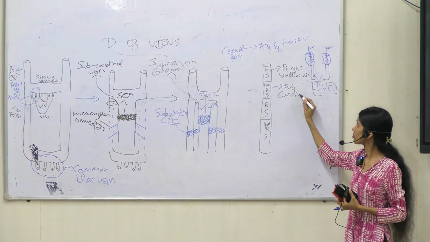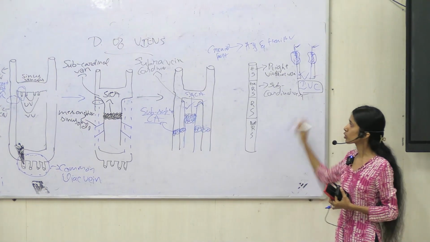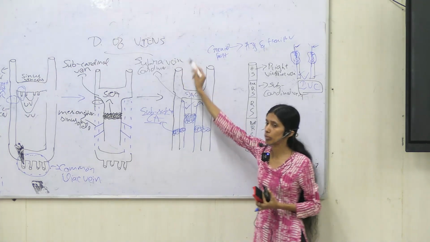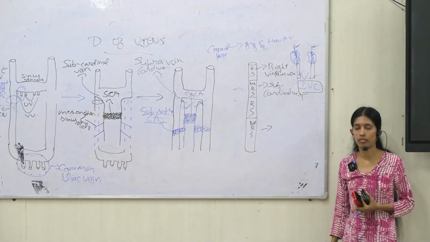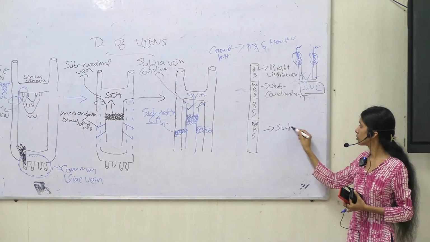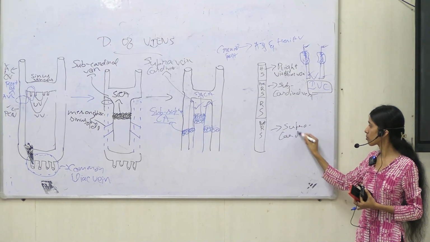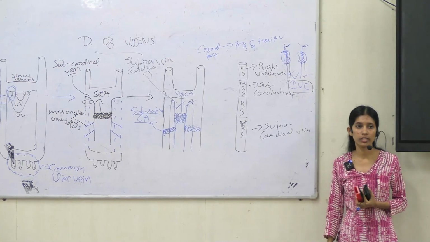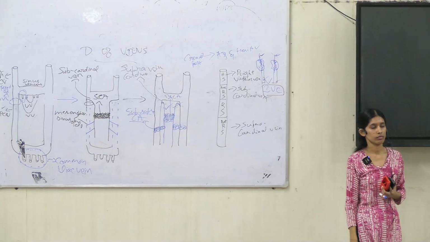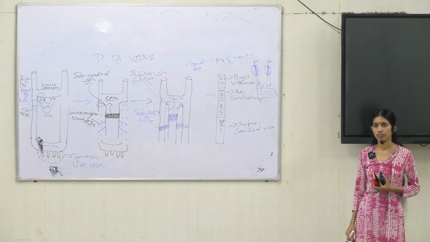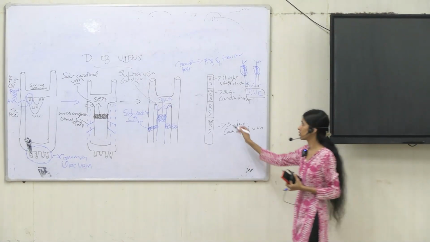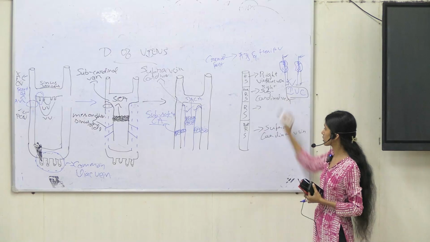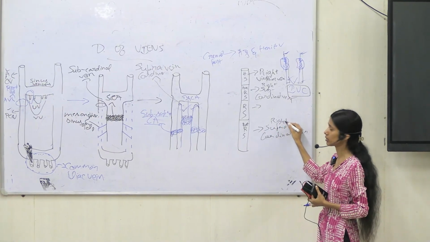Post-renal segment derived from the supracardinal vein. What about the renal segment? This is from right subcardinal, right supracardinal.